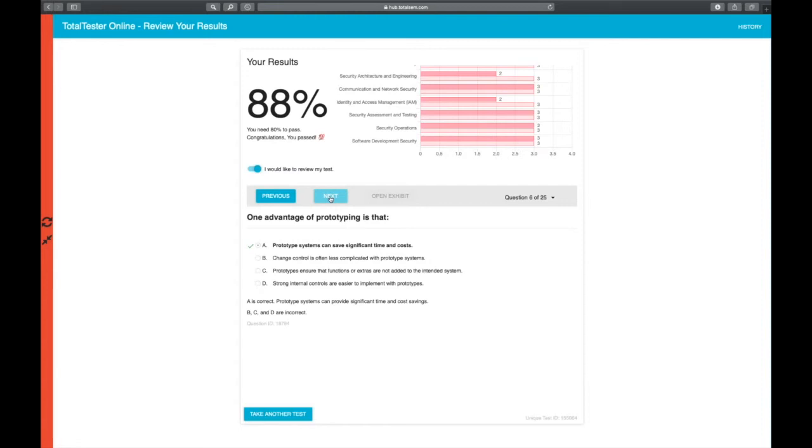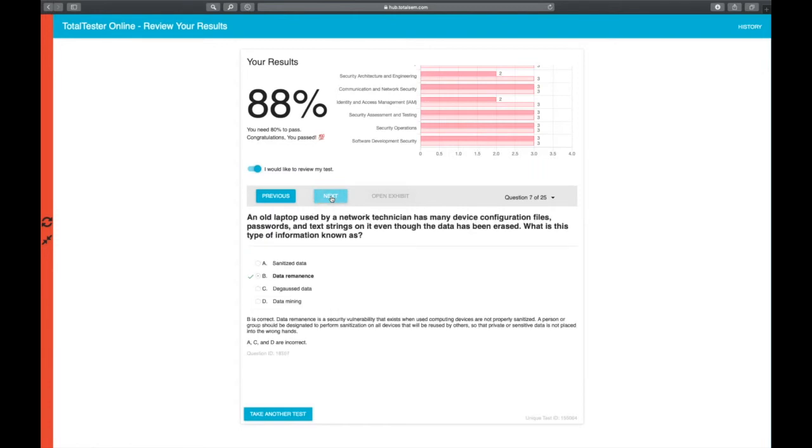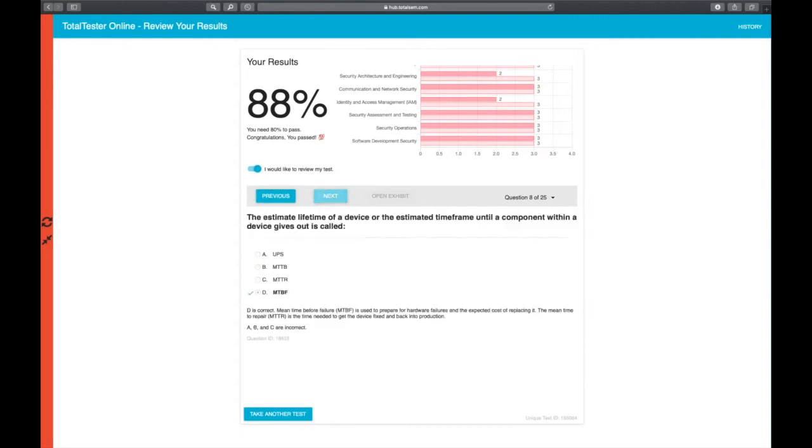As you build a part of it, you build a prototype sample to see if you're on the right track. Number 7, data remnants is a security vulnerability that exists when used computing devices are not properly sanitized. Take a hammer to it when in doubt.